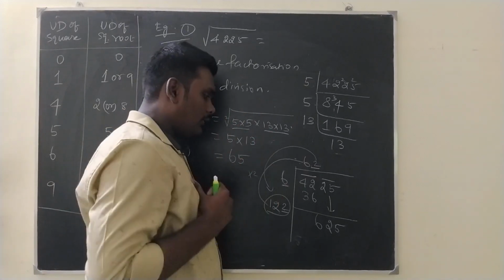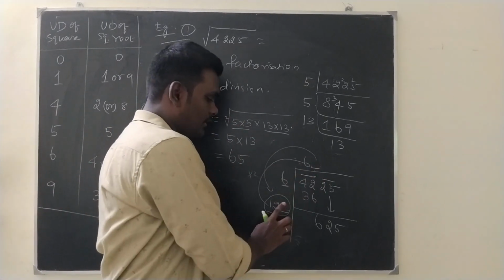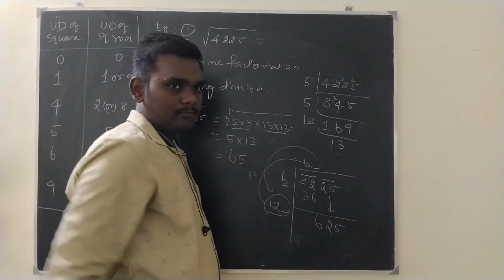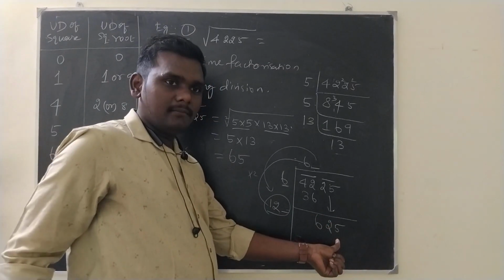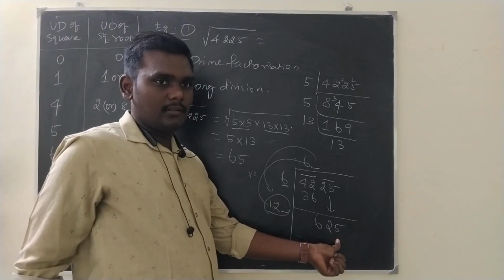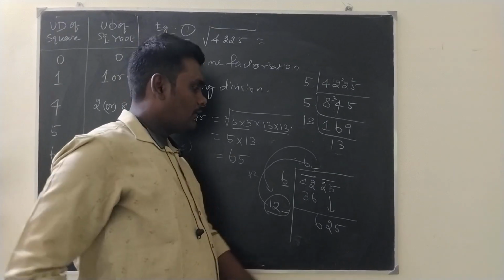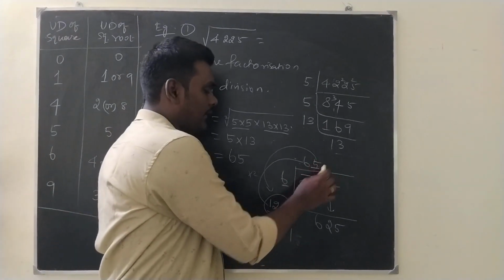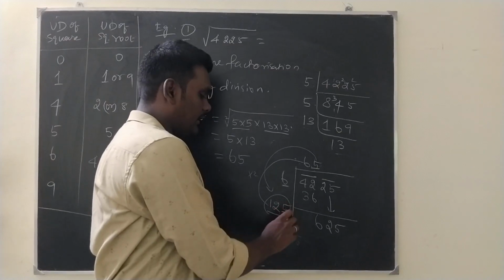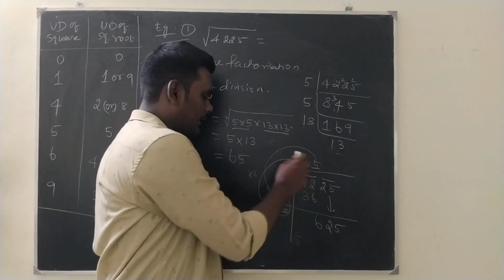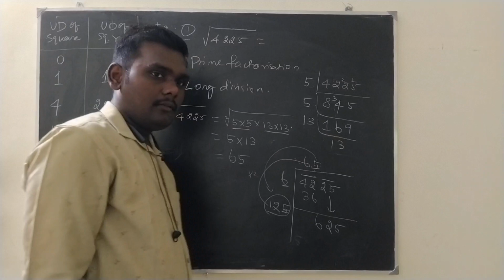Okay. Now we have to look for a number that will match or come near to this 625. As this number ends with 5, it gives me a clue that we may go with 5. So I am taking 5 here. If I write 5 here, the same 5 has to be written here, and this 125 has to be multiplied with 5.